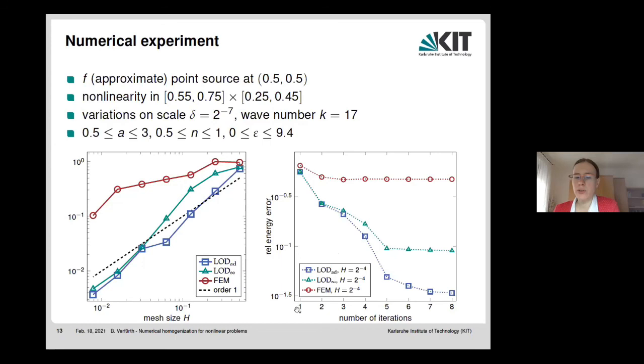Then over some iterations, we plotted the evolution of the relative energy error. The finite element solution stagnates on a high level quite early. Then LOD infinity, so with a fixed multiscale space, goes down for some iterations, but then it also reaches a plateau. And the adaptive variant goes down even further and then slowly reaches the plateau of the discretization error.